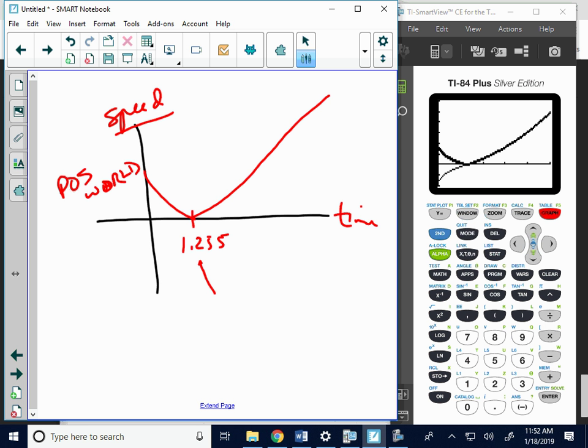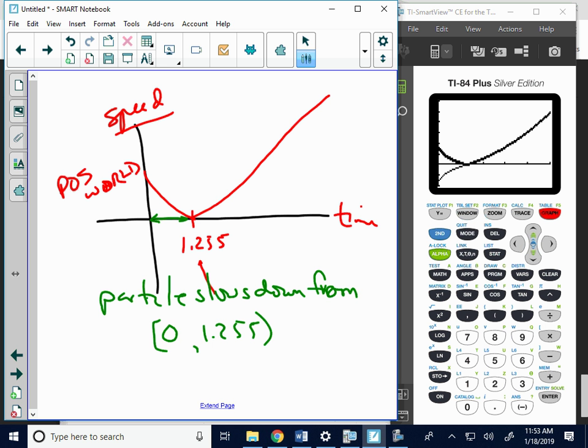What can you say about the motion in this time interval right here? So if I'm running towards the door and then I go, okay, do it in normal language. Slowing down. Okay, slowing down. That's what you want to say. So we're going to say particle slows down from, what are the times? 0 to that 1.255, right?